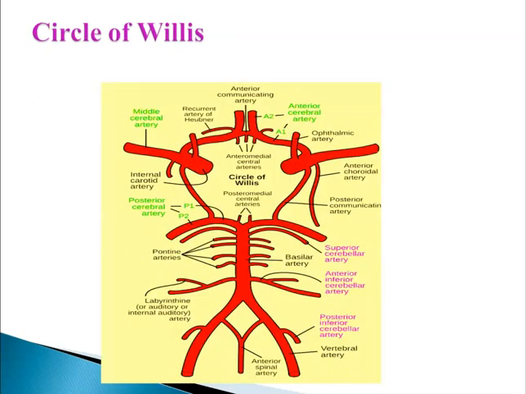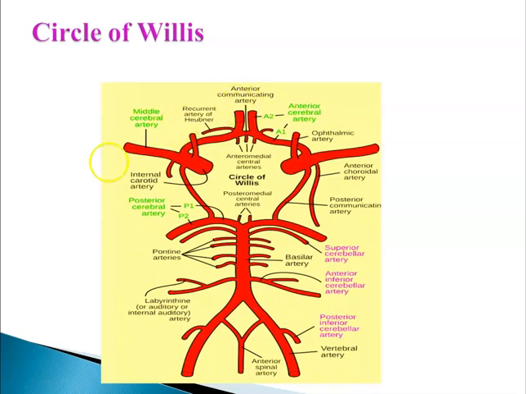So this is the diagram depicting the circle of Willis. So you could see the vertebral arteries unite together to form the basilar artery, and you have the different branches. Here comes the posterior cerebral artery. This is the middle cerebral artery, and this is the anterior cerebral artery, and this is the artery which is connecting the anterior cerebral arteries.